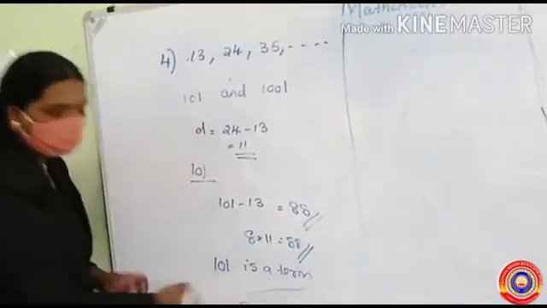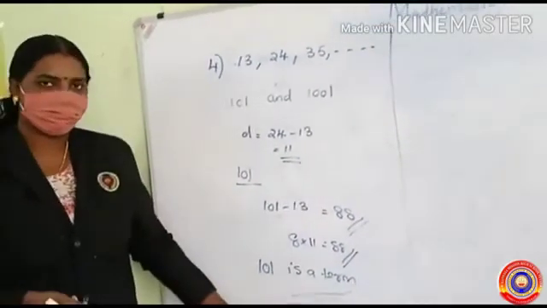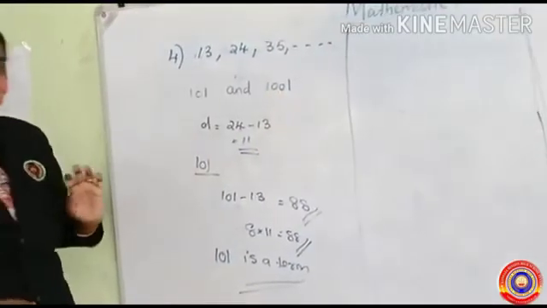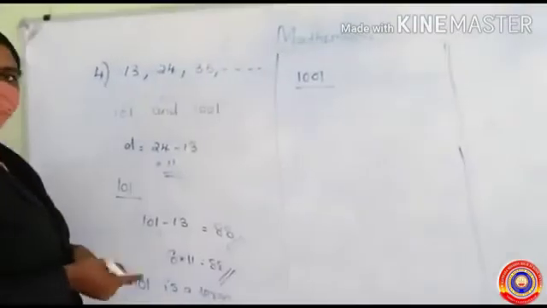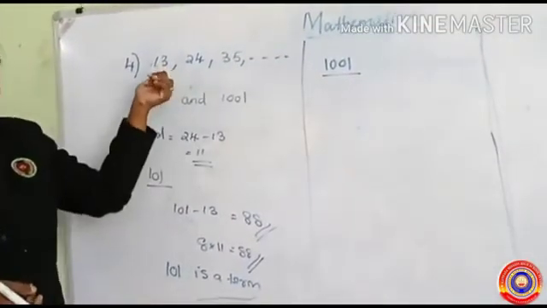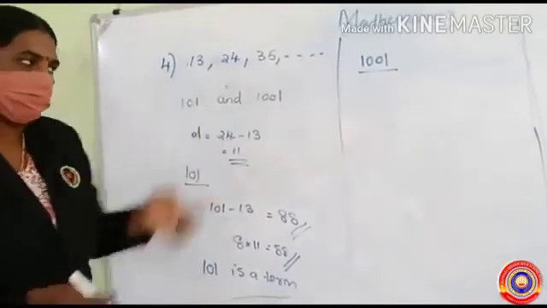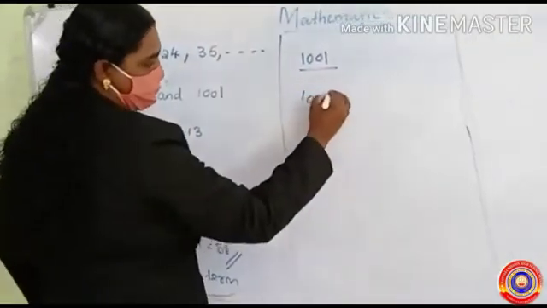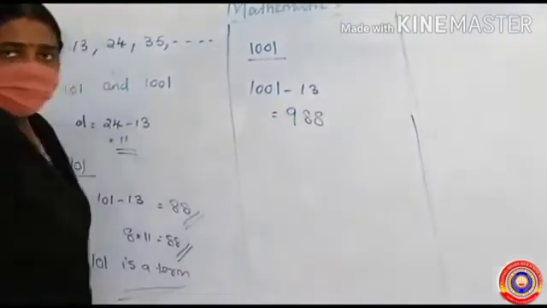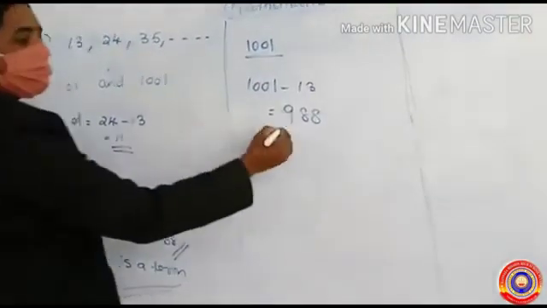In the similar way, we have to check whether 1001 is a term or not. First, we have to subtract the first term 13 from 1001. That means 1001 minus 13. It is equal to 988.